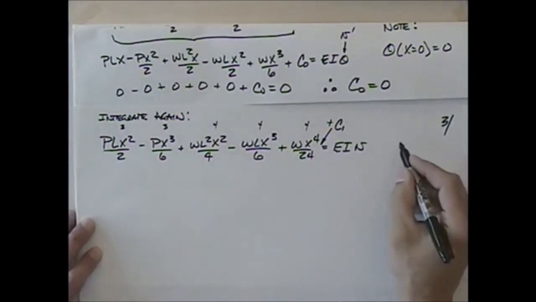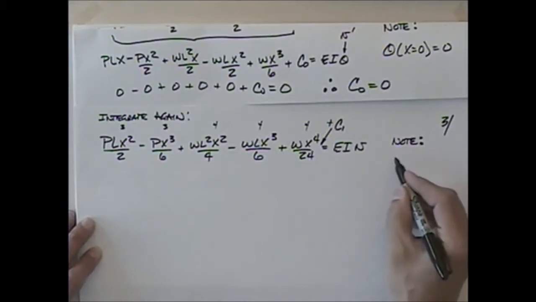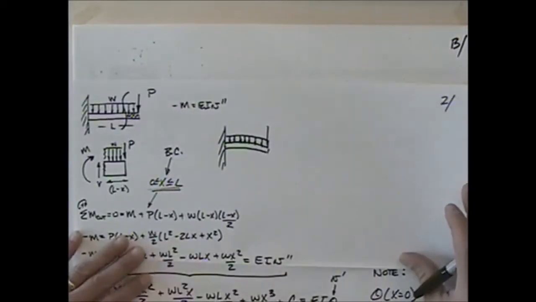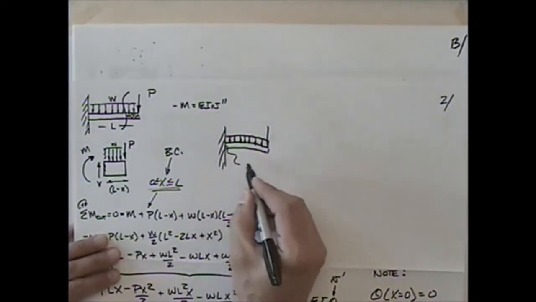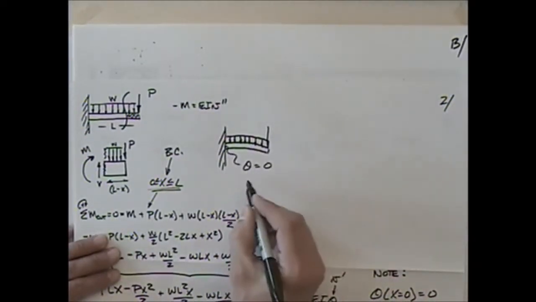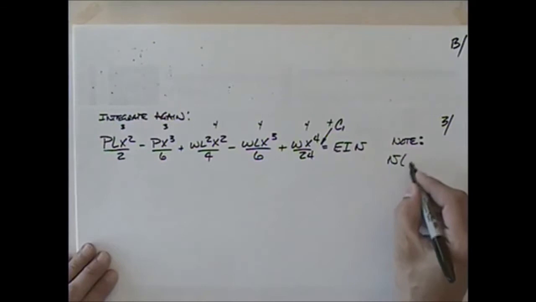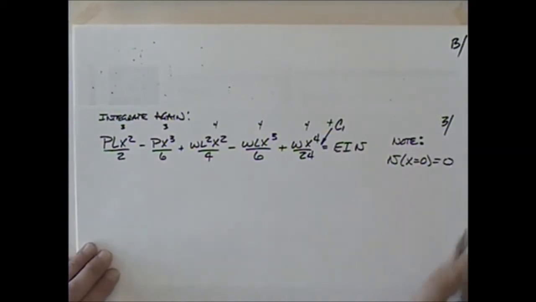Well, I need a boundary condition here too, don't I? So let's see. Going back and looking at this picture here, we notice at this point that the slope theta is equal to 0. We also know that the deflection should be equal to 0. So if we write that in terms of this, the deflection at x equals 0 should be equal to 0.